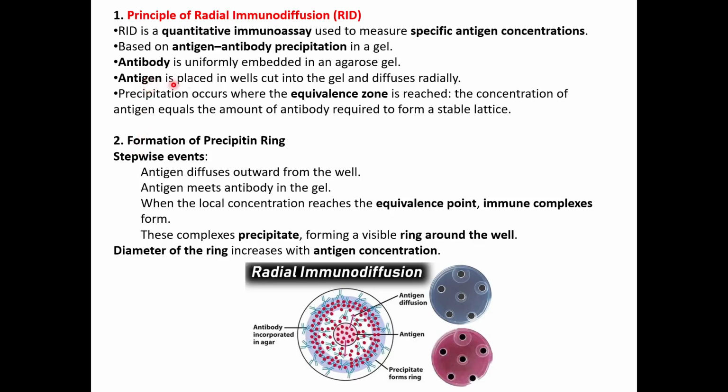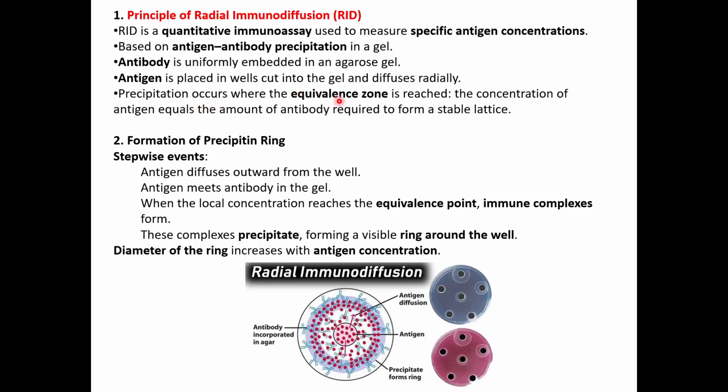Then antigen is placed in these wells. When you puncture and remove it, you basically make a well in the agarose where you can now add your antigen. Then the antigen which you have placed here will slowly diffuse into your gel.